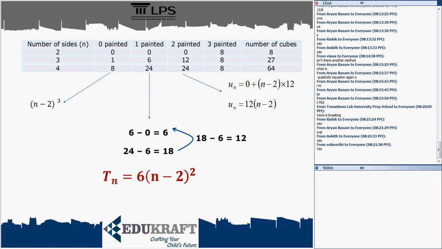So that is our general expression. Is that clear? For all three sides painted, I don't need a general expression because I have that as 8.